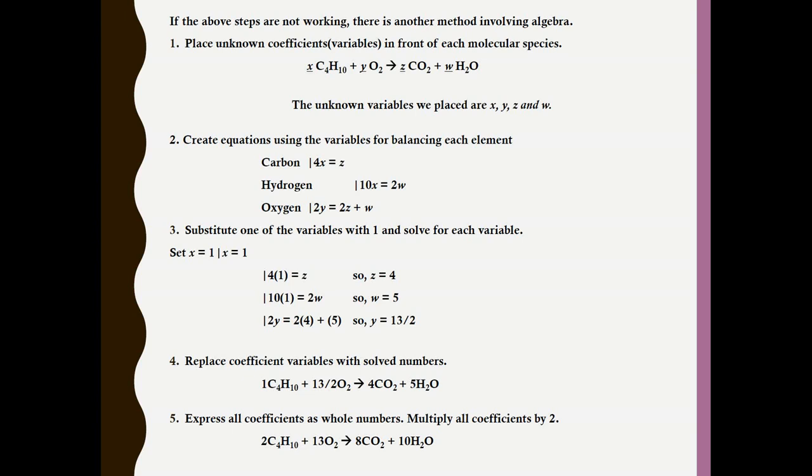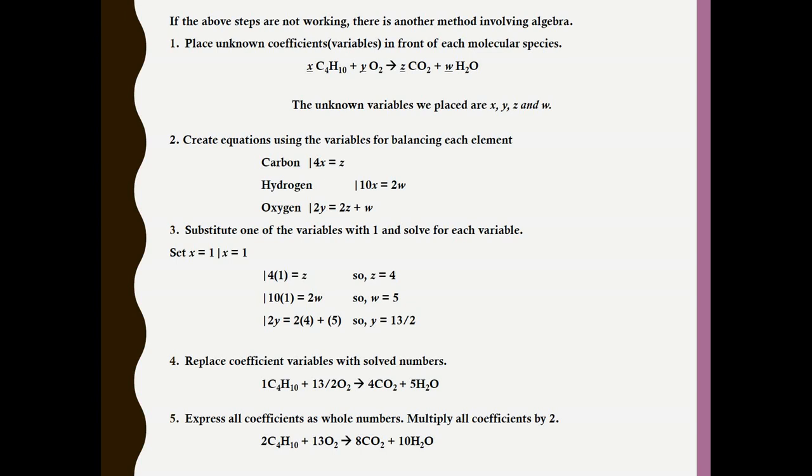For oxygen, on the left side, it's 2y. And on the right side, I have oxygen in both of the different molecules. I have oxygen with carbon dioxide, and I also have oxygen with my water. So I'm just going to add the 2 different variables. So my 2y is going to be 2z plus w.